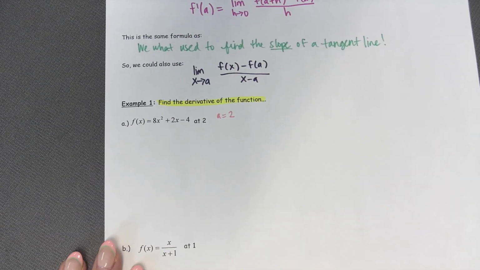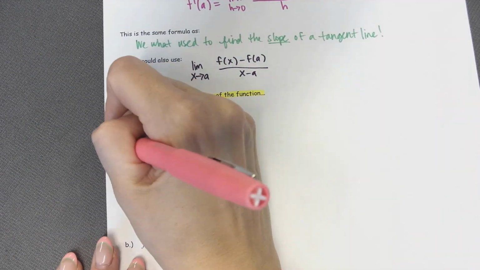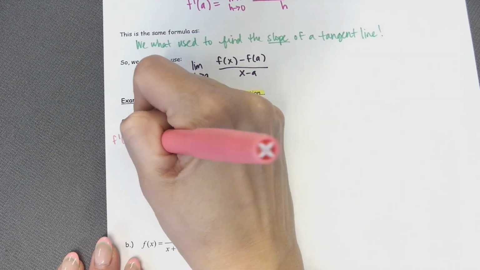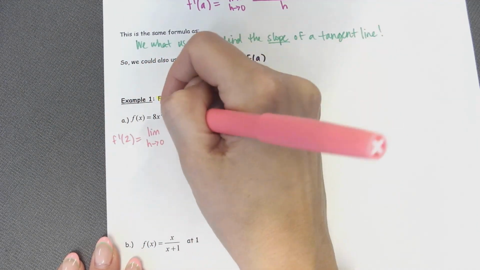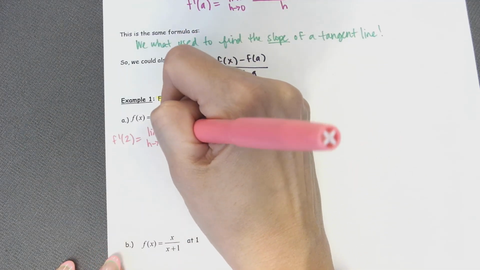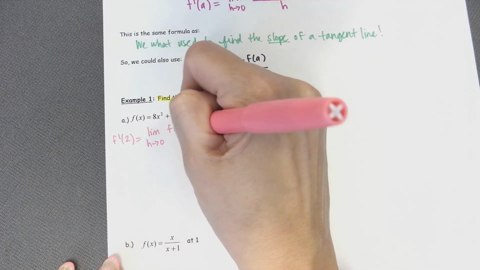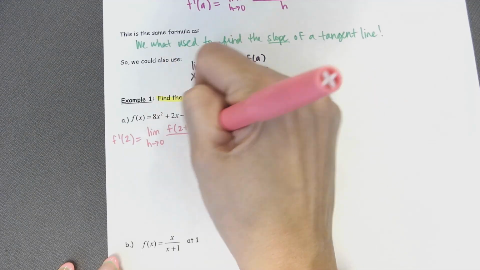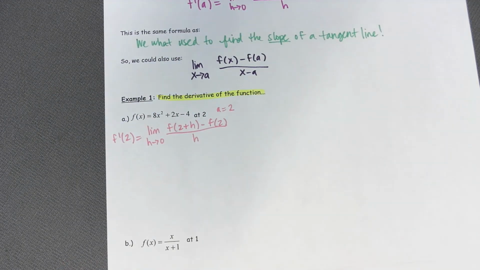So our notation, we would say the derivative at 2 is equal to the limit as h goes to 0. And remember, we do have to keep writing that limit out. So the limit as h goes to 0 of f of 2 plus h minus f of 2 over h.